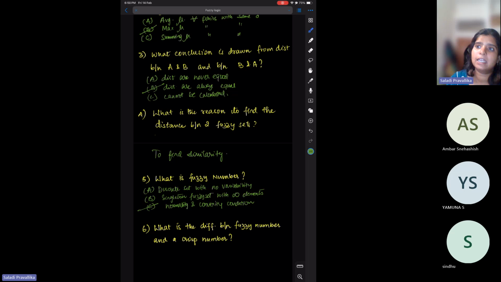Option B, crisp numbers have variability, while fuzzy numbers have fixed membership values. Option C, crisp numbers are singletons with only one membership value, while fuzzy numbers are sets with variable membership values.